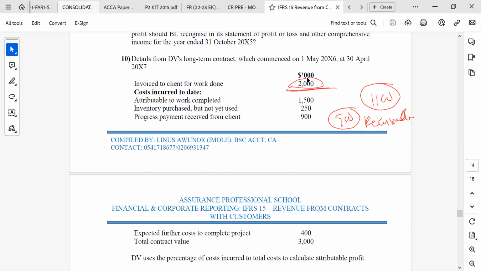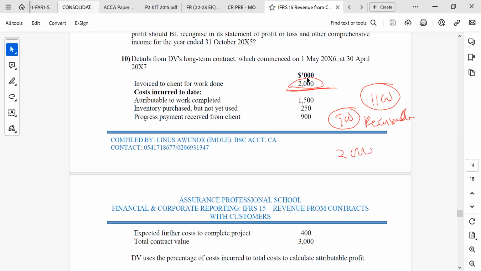Because the total work that we have done plus the profit and the cost is 3,000. But we are asking the customer to pay what? 2,000. So out of the 2,000, how much did the customer pay? Maybe they have paid 1,000, remaining 1,000. That particular 1,000 will be seen as the receivables. But the contract asset will be what?